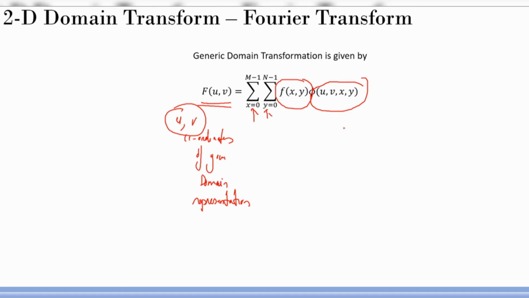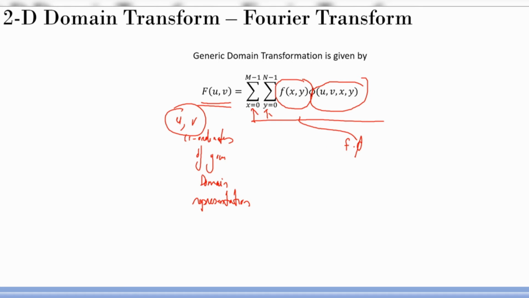Once you fix a u and v, phi of u,v becomes a scalar in terms of u and v, but it is still a matrix in terms of x and y. So what you are essentially doing here is a dot product of f with phi. This is what is happening in this entire expression. If you're really keen on what is happening exactly, each pixel is multiplied.